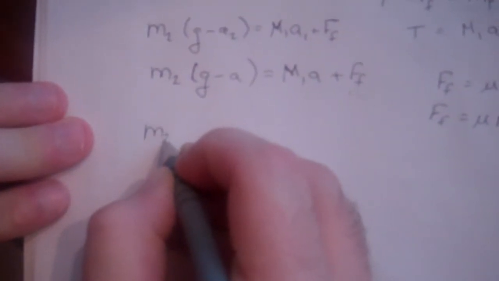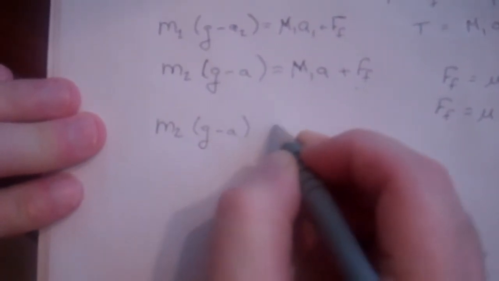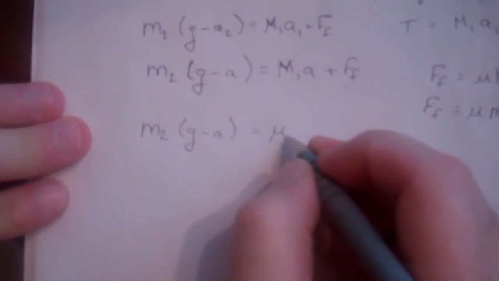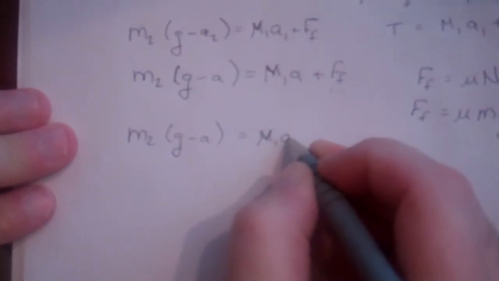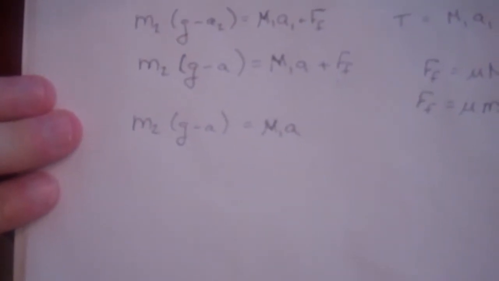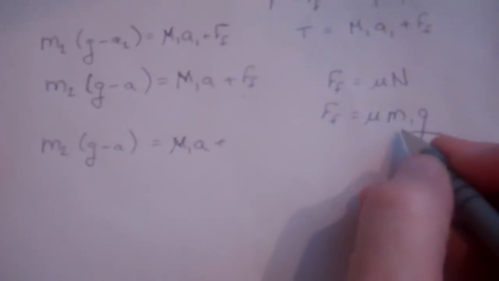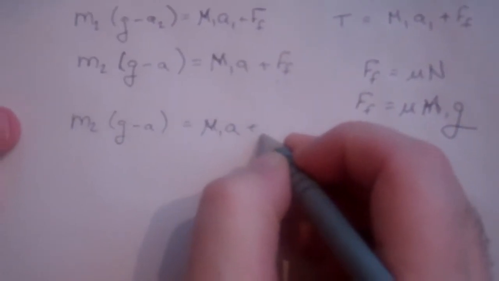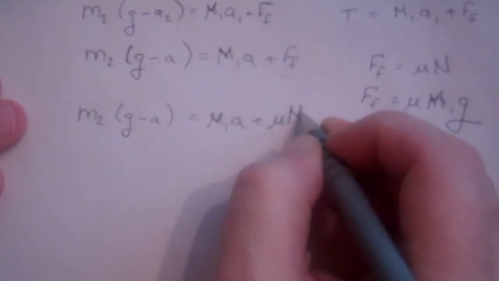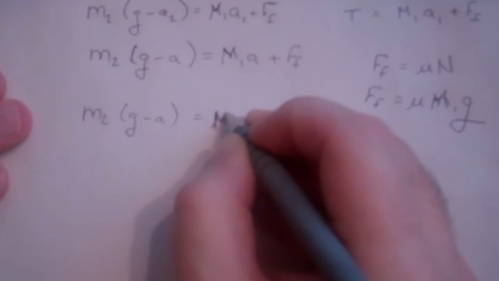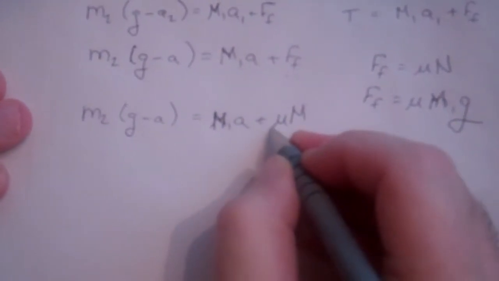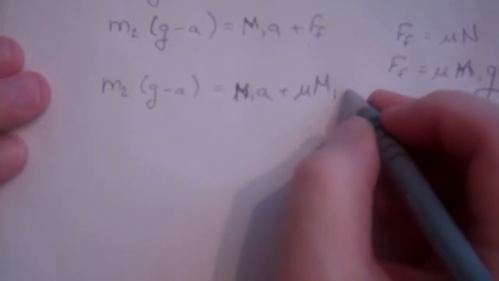And then we have that m2 g minus a is equal to m1 a plus, that should be a capital M, mu m1 g. Gotta make sure those are clear, that's an M and that's a mu.